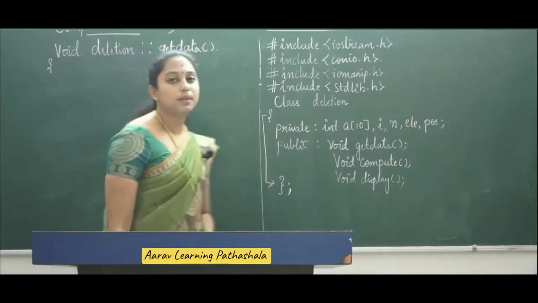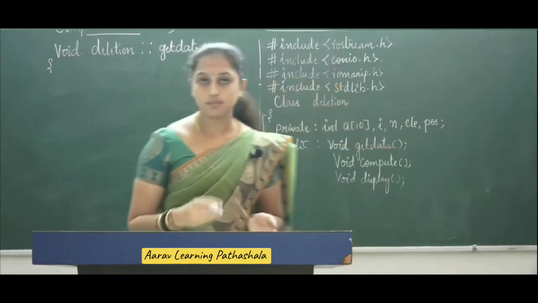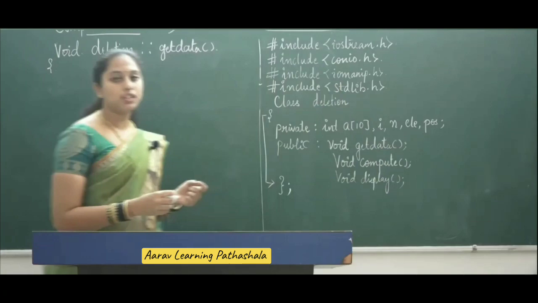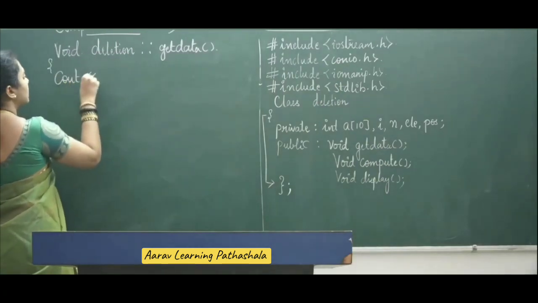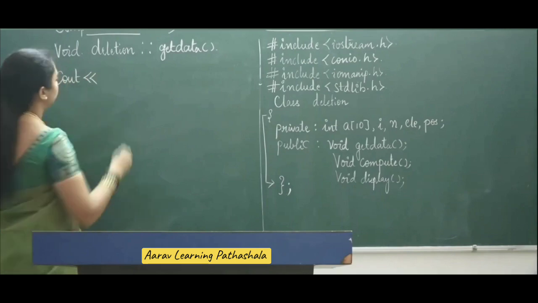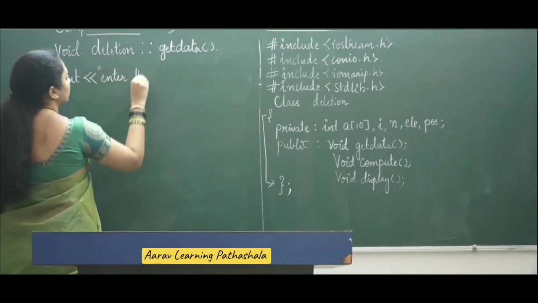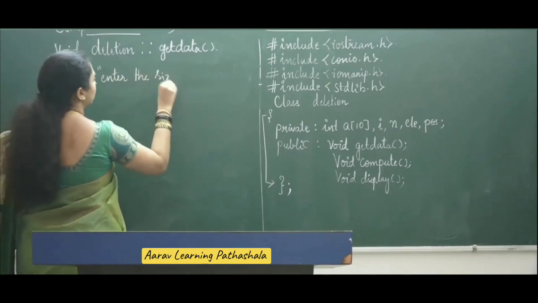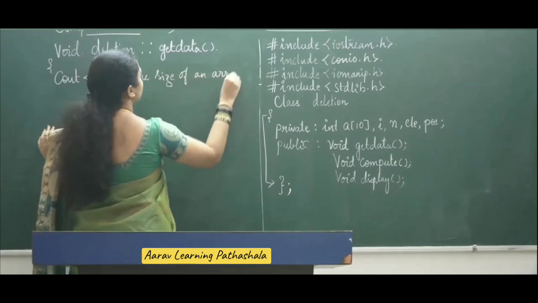So if I want to print some of the data on the display screen, I am going to display it using cout statement using the insertion operator. Enter the size of an array.